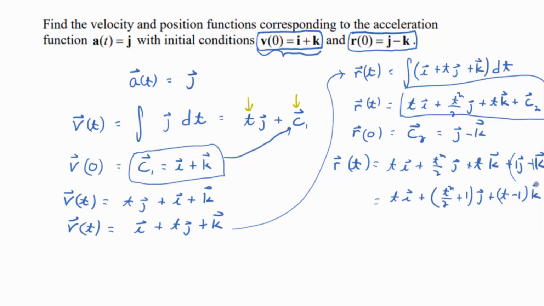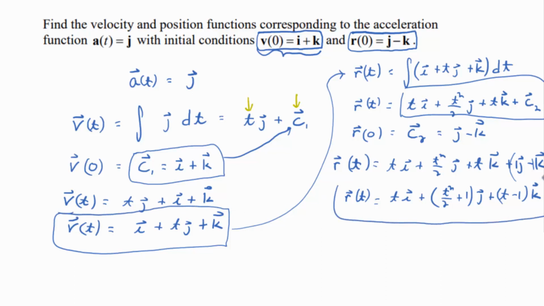It kind of looks like you're factoring out k, and you can think of it like that, but what you're really doing is adding corresponding components, right? And so that's r of t. And so I guess the question was to get both of them, so I will circle both of them, and then we're done.